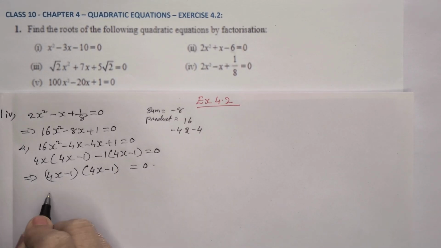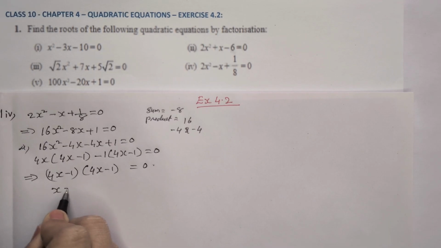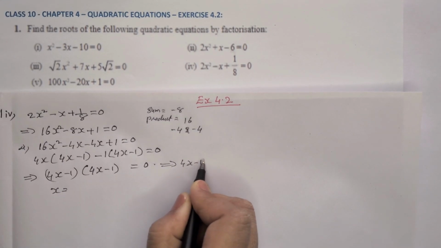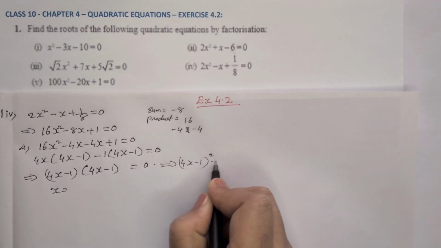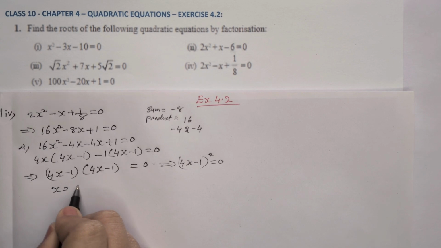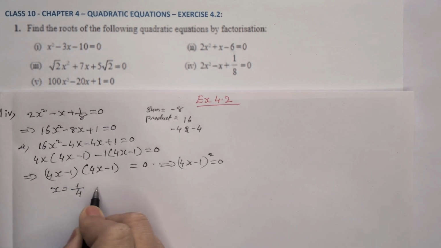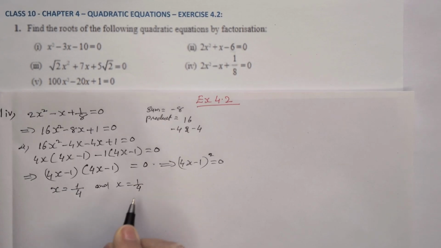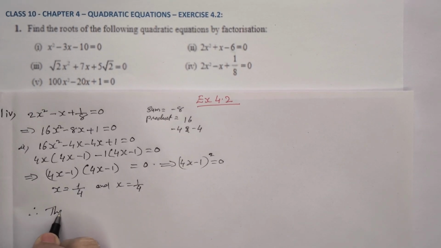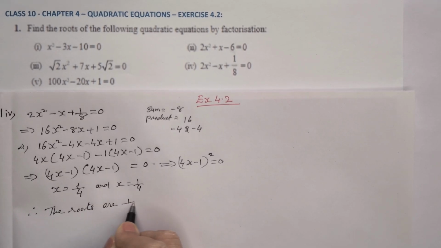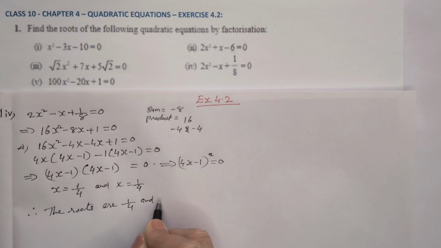So 4x minus 1 the whole square is equal to 0. So we can write x is equal to 1 by 4 in both the cases. Therefore the roots are 1 by 4 and 1 by 4.